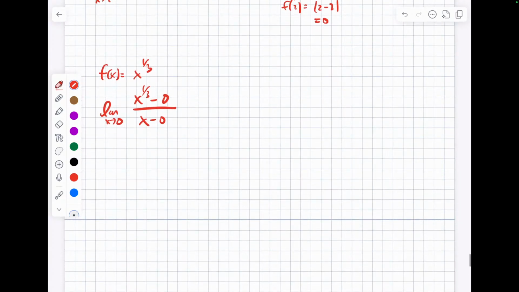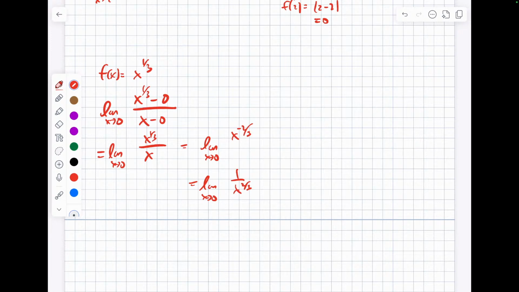Then I can simplify this. The limit as x approaches 0 of x to the 1/3 over x is equal to the limit as x approaches 0 of x to the negative 2/3. If I simplify this, this is going to be 1 over x to the 2/3. Now imagine x is on the bottom, 1 is on the top. If x approaches 0 slowly, and I plug in smaller and smaller values on the bottom, the output is eventually going to become bigger and bigger.